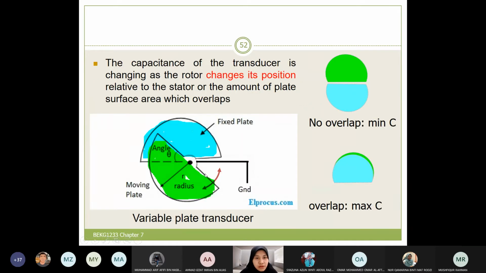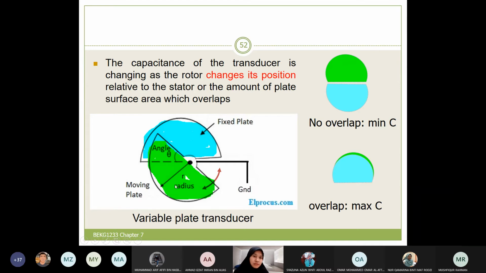If we draw the two plates, this is the fixed plate, the blue one, and this is the moving plate, the green one. These two plates are not in contact with each other. The capacitance of the transducer changes as the rotor changes its position relative to the stator, or the amount of plate surface area which overlaps.